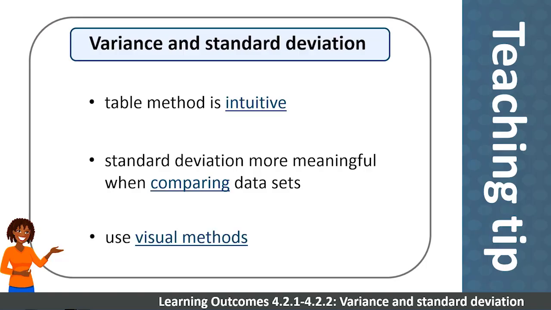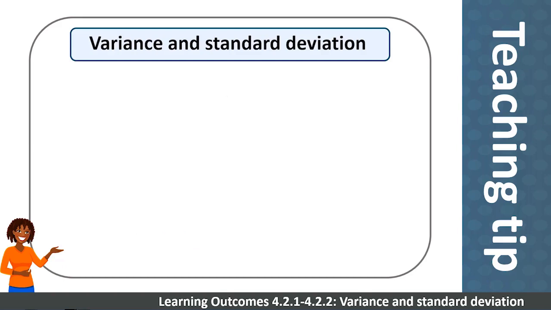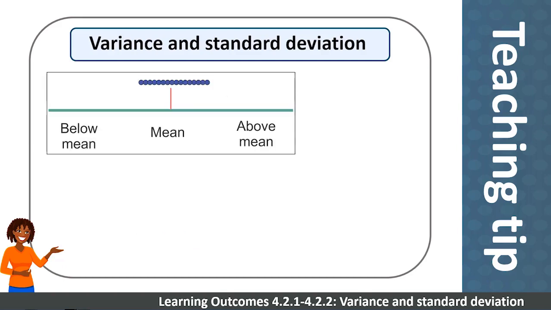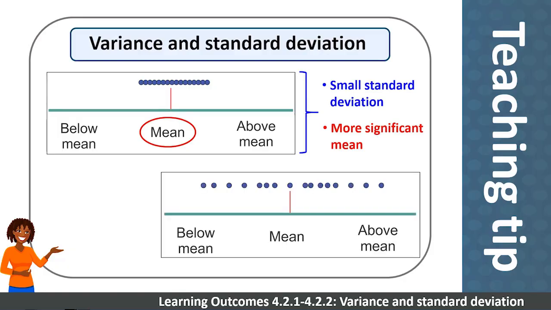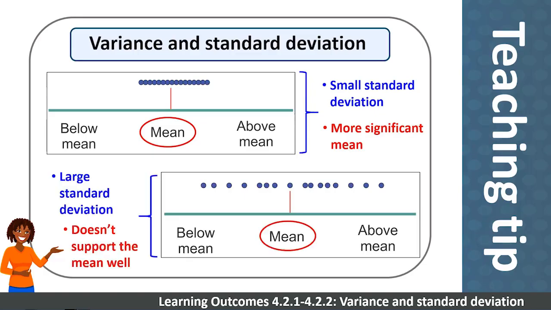It is also useful to show students visually what a data set with a large standard deviation looks like compared to one with a small standard deviation, such as in a simple dot plot like this one. Viewing the data like this also helps students to understand why we need the standard deviation. The mean is more significant if the standard deviation is small. In a very dispersed data set, the points appear to be quite randomly scattered, and they don't support the mean well.